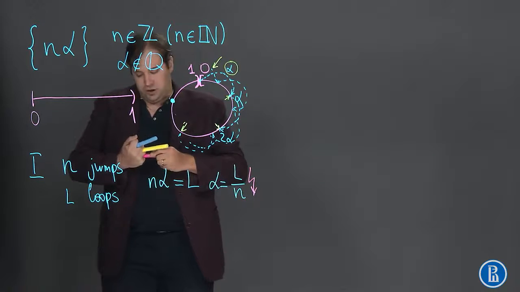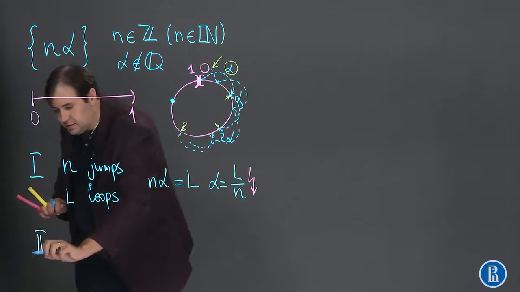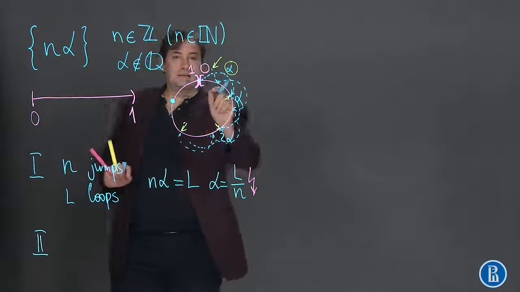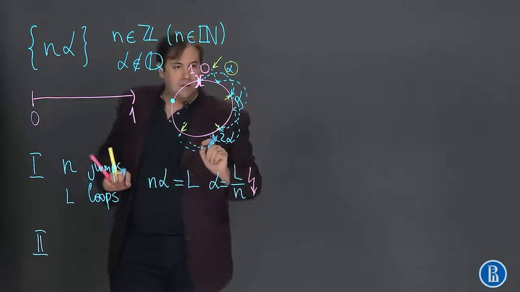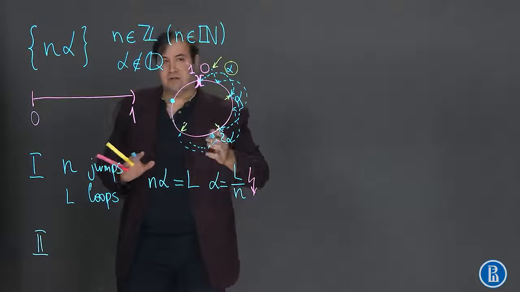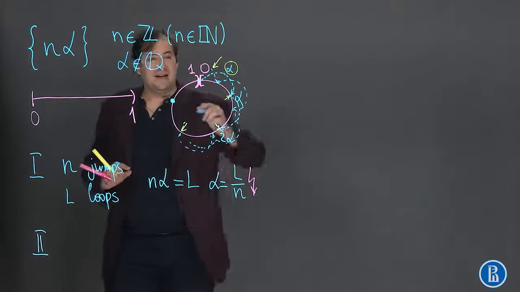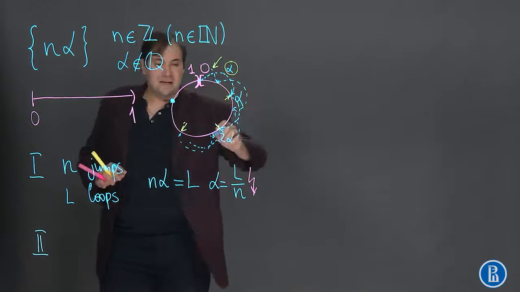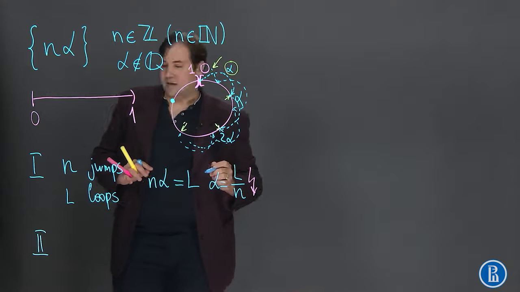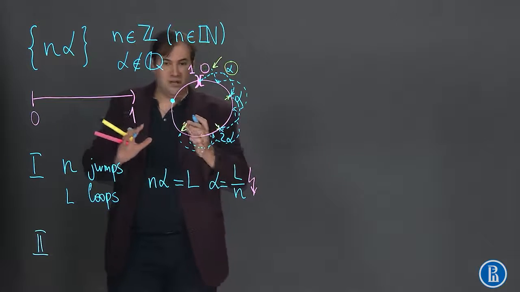The second observation concerns the distance between marked points. Well, we understand that there are infinitely many marked points because the grasshopper never stops, is immortal, and we have infinitely many points. But how far are these points from each other?